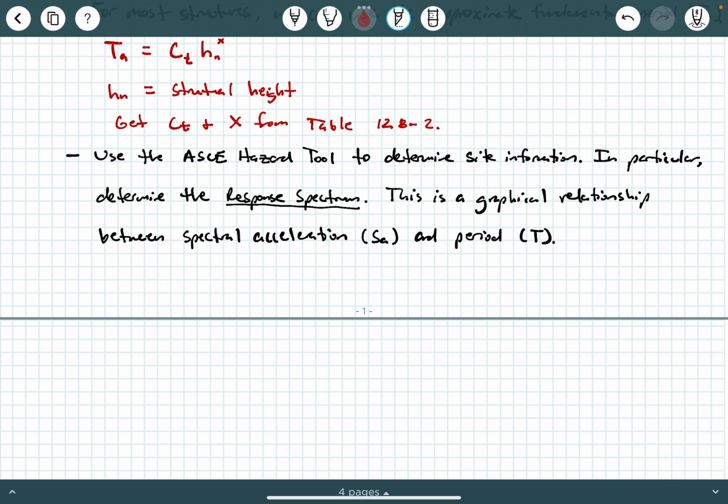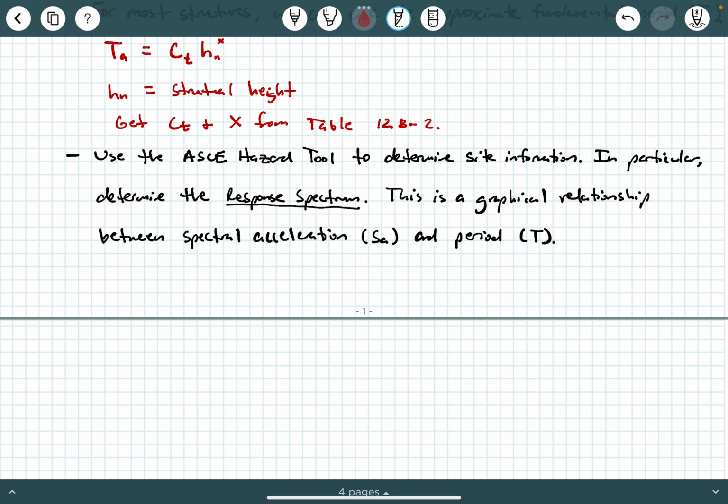But we also want to get this thing called a response spectrum. Now, what is a response spectrum? Well, a response spectrum is a graphical relationship between spectral acceleration, which we're calling SA, and period T, okay? Now, when you go to the ASCE hazard tool, and again, I would encourage you to maybe pause this video and just play around with it.